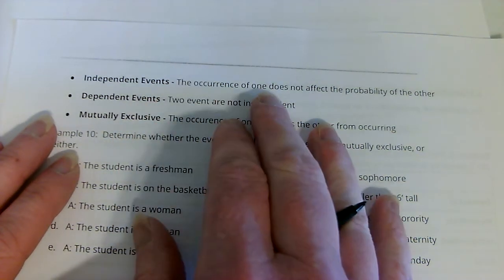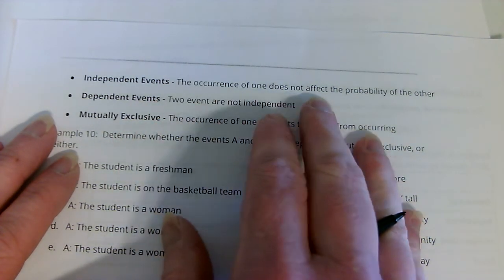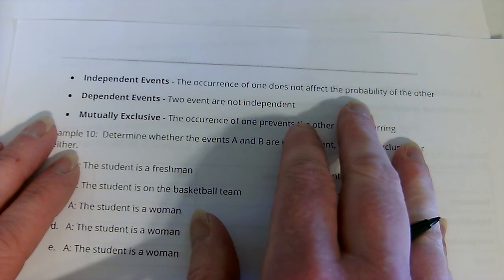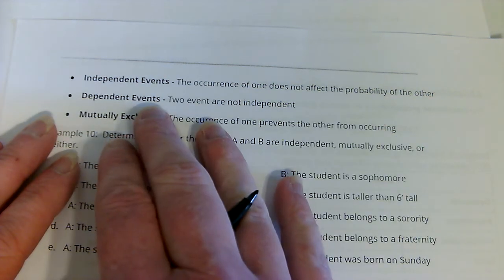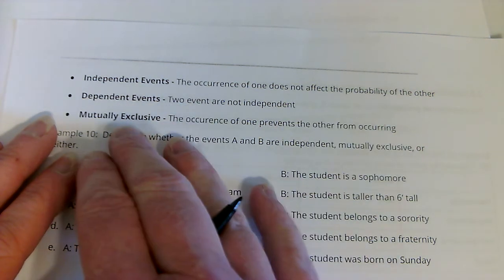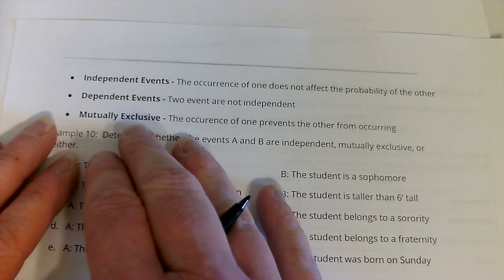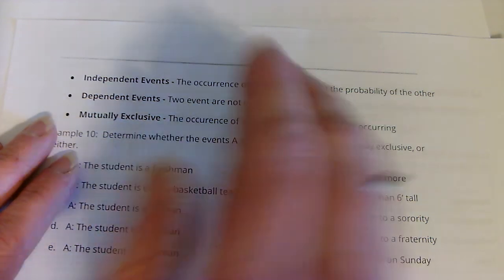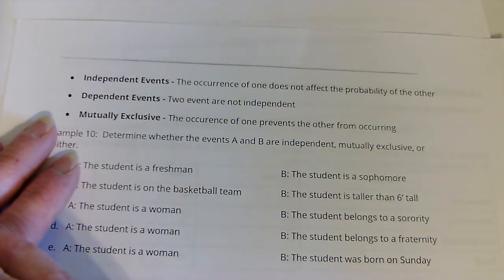Independent means that the occurrence of one does not affect the probability of the other. Dependent means that they do affect each other. Mutually exclusive means that the occurrence of one prevents the other one from happening at all.